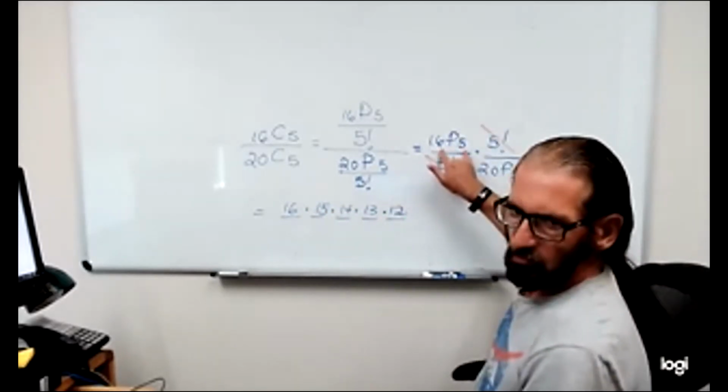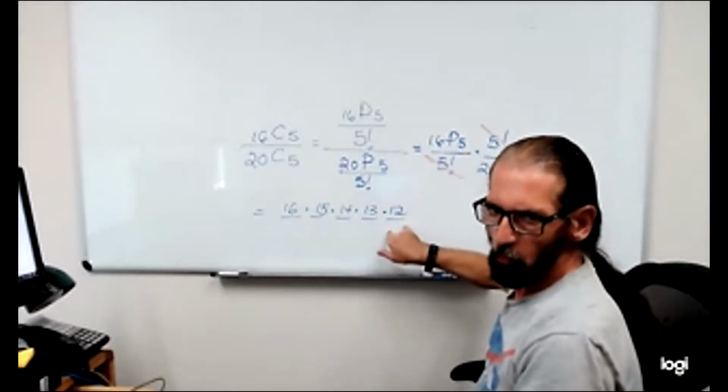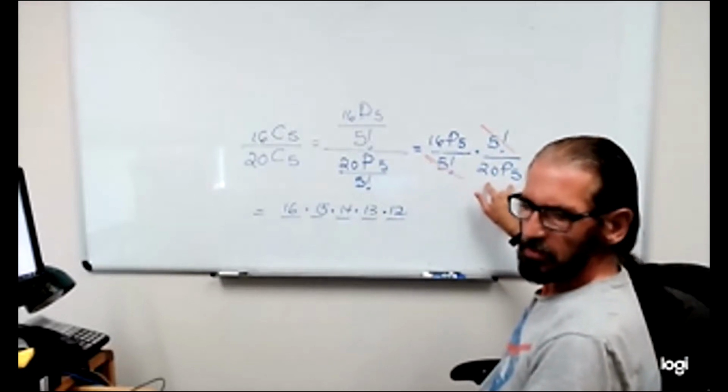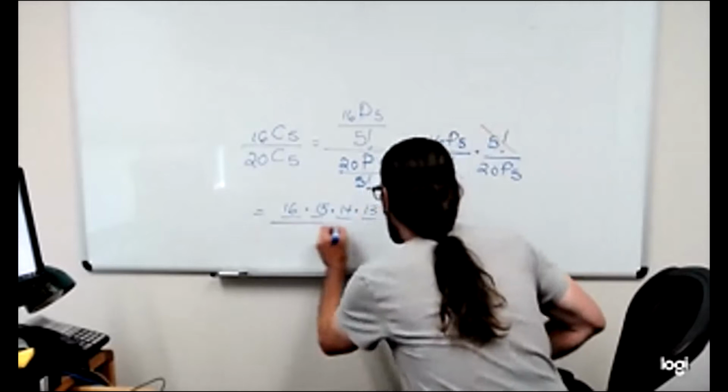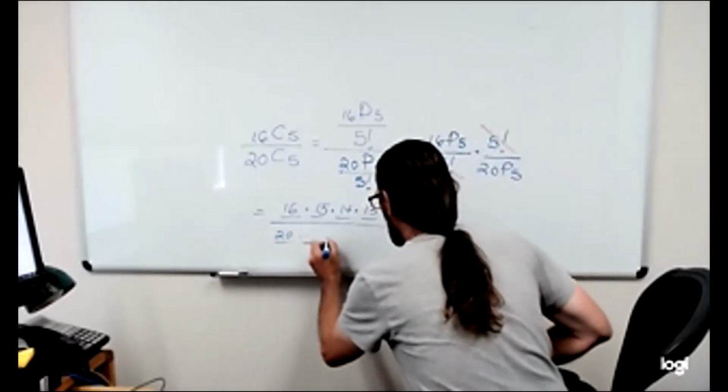Notice that 16 minus 5 is 11, but we stopped with 1 more than that. So similarly, 20 minus 5 is 15. We're going to stop at 16.